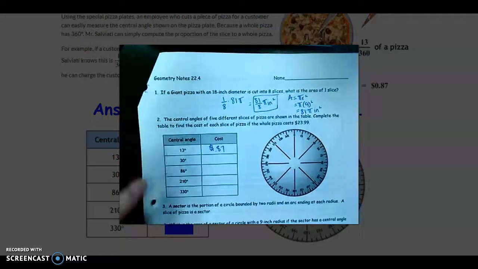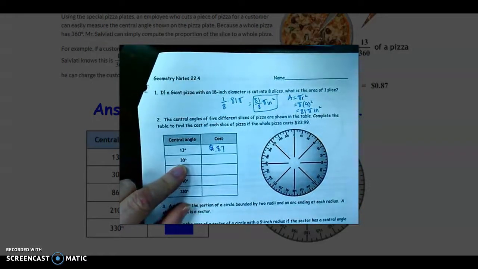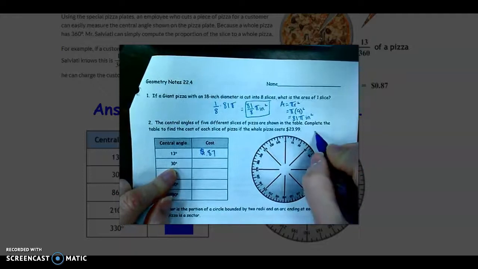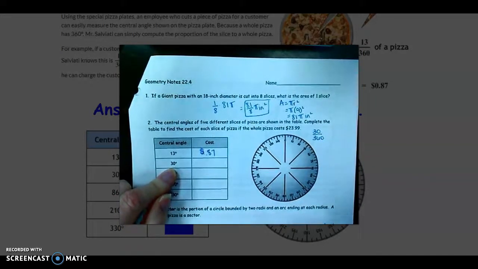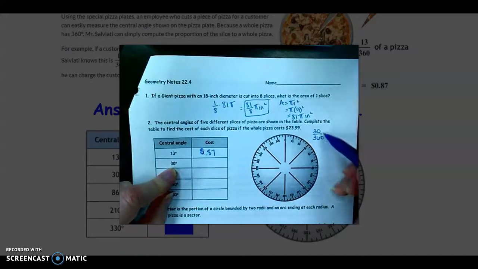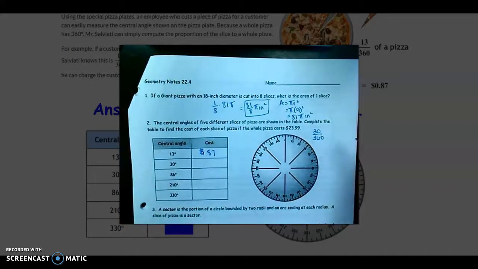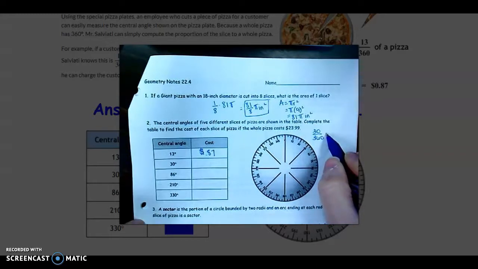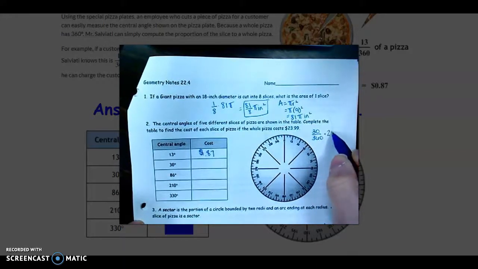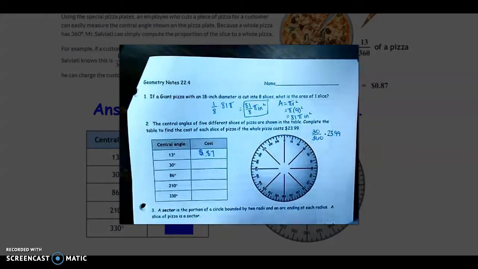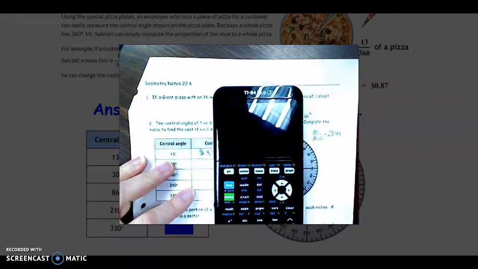If we want to know the cost of a 30 degree angle, then remember the portion of the circle is 30 over 360. That's our fractional part. It doesn't matter if you simplify that or not. You're going to multiply that by the cost of the whole pizza, which is $23.99. So it's not necessary to simplify that, but you can.